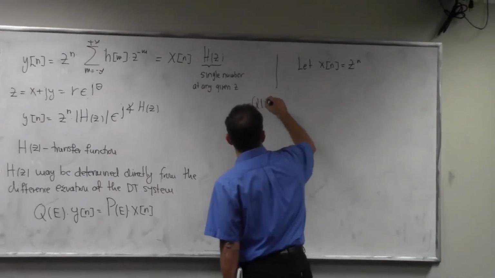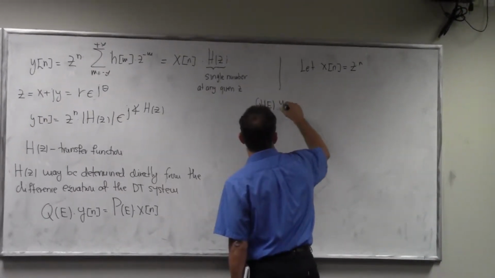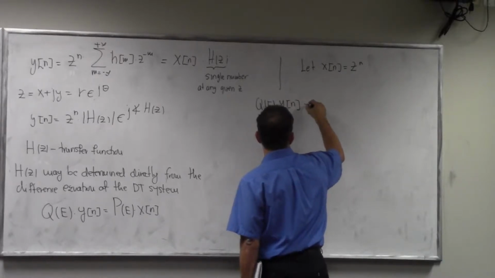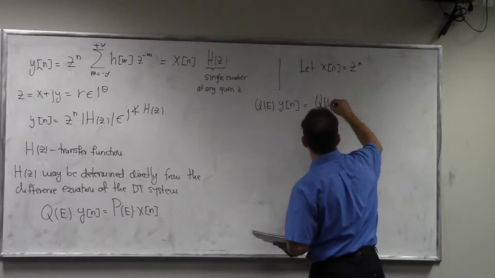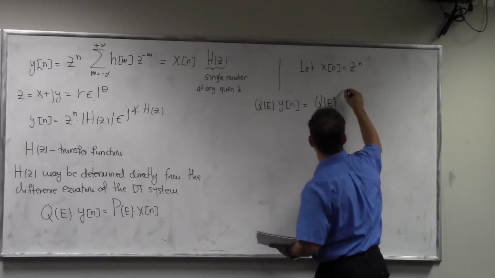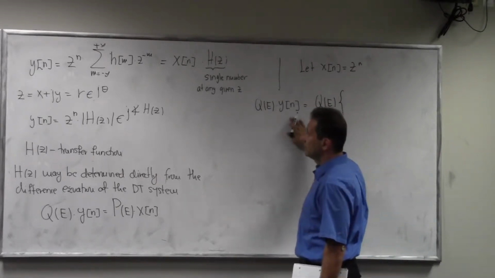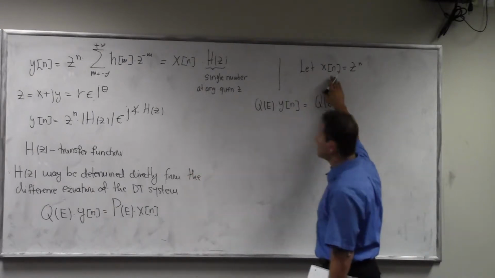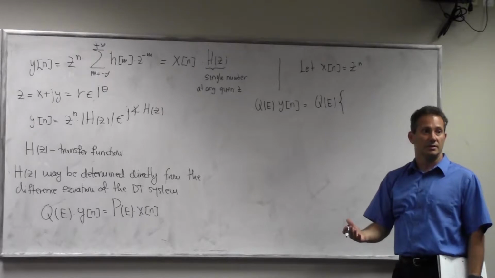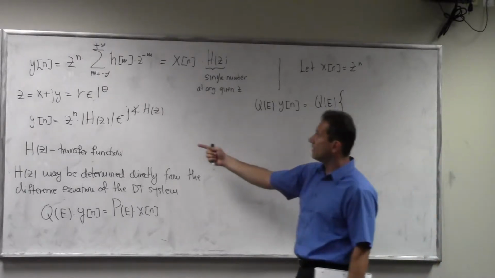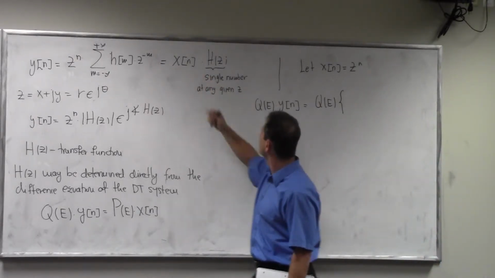So Q of E applied to y of n is going to be Q of E, but I know what y of n is going to be. y of n is going to be the same sequence x of n, but just scaled by some complex number, h of z, right? That is what I have here and here as well.